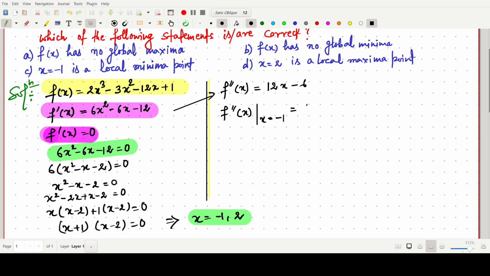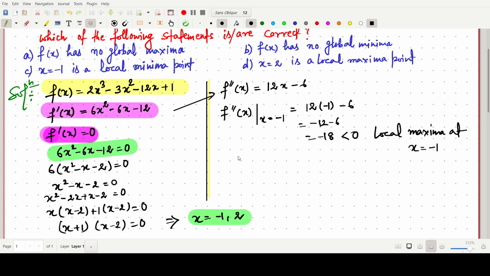At x = -1, the value will be 12(-1) - 6, so it is -12 - 6, that is -18, which is less than 0. So if f''(x) is less than 0, it gives a local maxima point at x = -1.